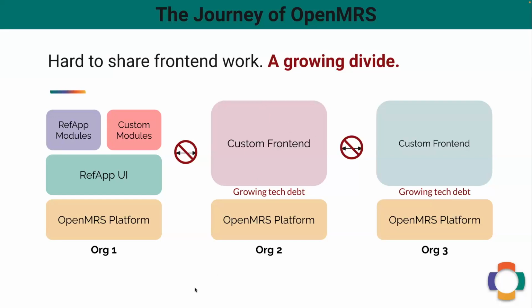For example, maybe you couldn't find someone to hire who was very comfortable with JSP. Maybe for whatever reason, your team wanted to use a JS framework for your front end. In any case, we ended up with many organizations having different custom front ends, even though we were sharing the same platform. This meant that it was hard for us to share work.